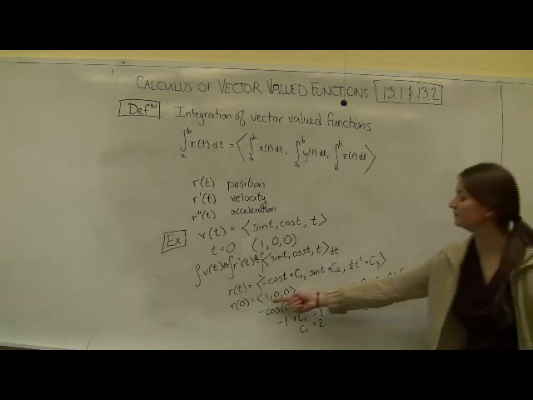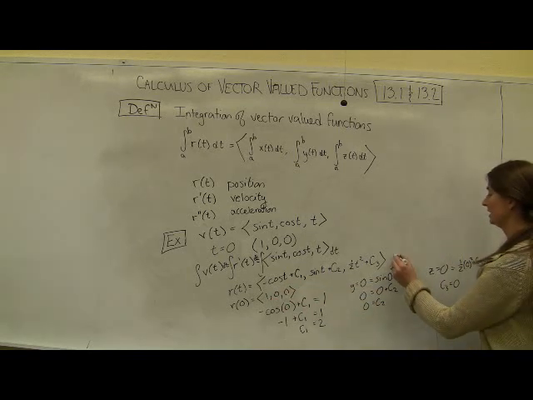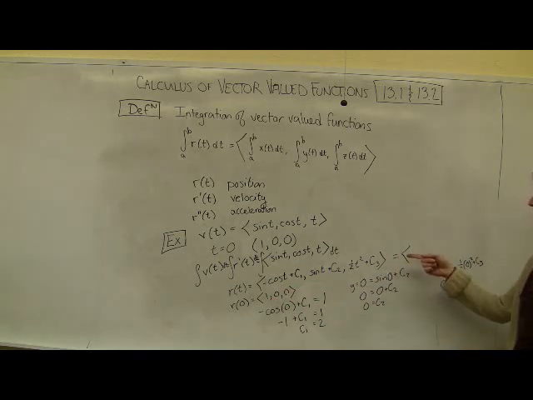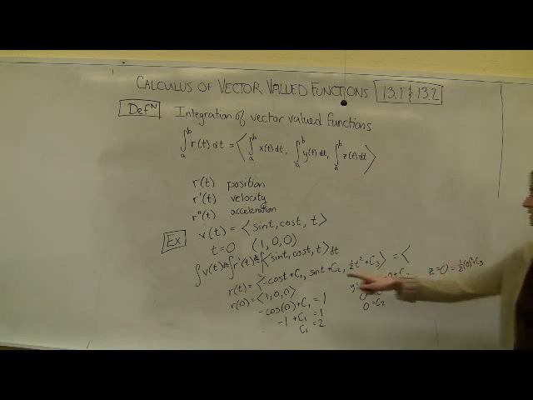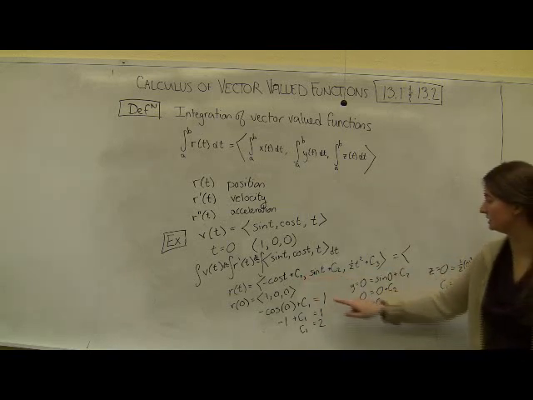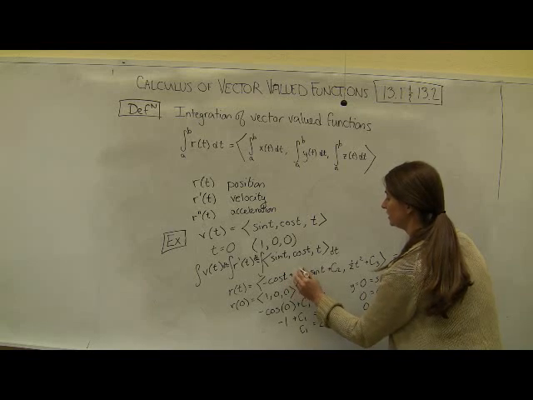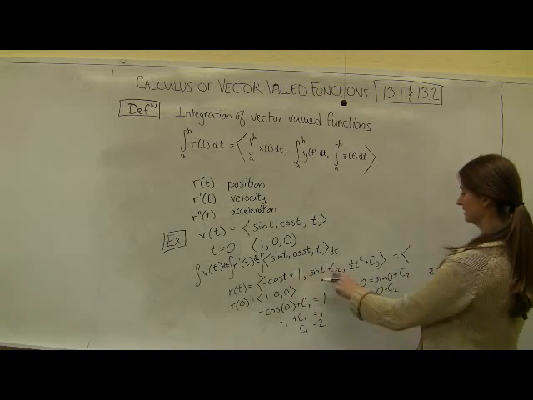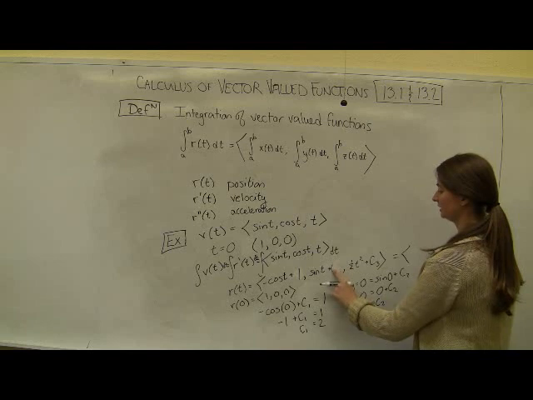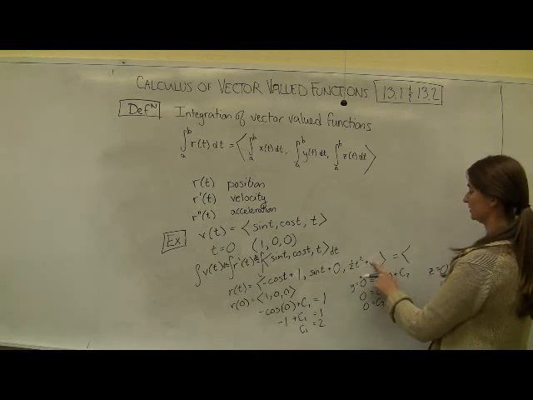So using this information of the initial position, I find out that my position vector must be given where c1 was equal to 2. I'm just going to use technological magic and erase that. c2 was equal to 0, so I solve for that. And c3 is also equal to 0.